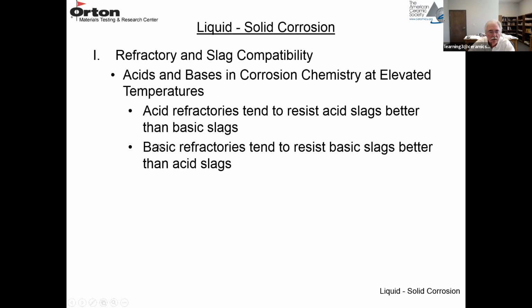You don't want to have a basic refractory in contact with an acidic slag. So an acid refractory might be SiO2. You don't want to put it in contact with a high lime containing slag, which is a basic slag. A basic refractory might be MgO. You don't want to put it in contact with a high acidic slag, which might be high in SiO2.